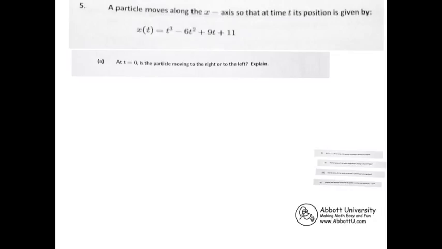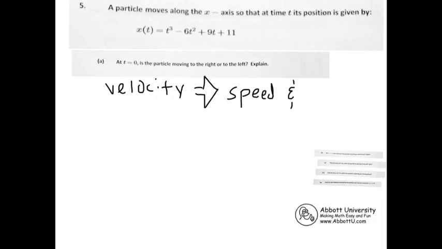It means not only speed, so velocity can tell you how fast the particle is moving, but it also tells you which direction it's moving. That's very important to know. So if we want to know whether it's moving right or left, we want to pay attention to the velocity.